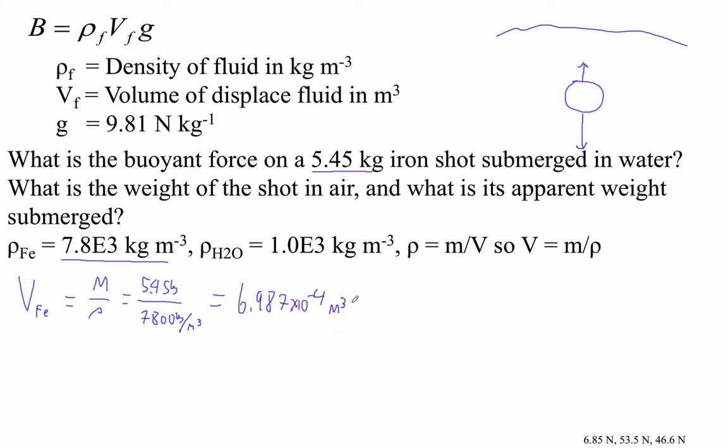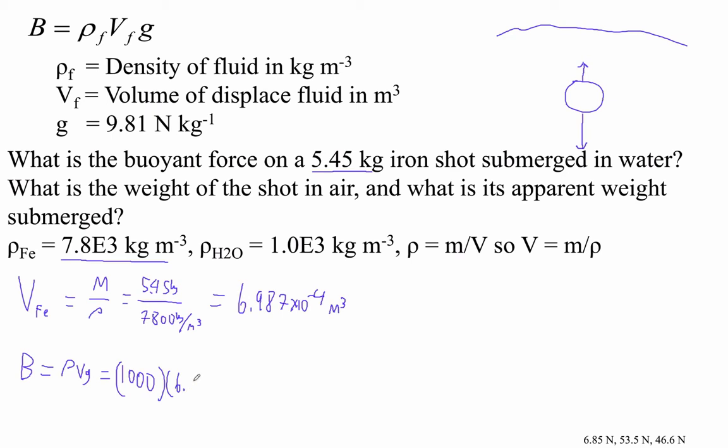Okay. And so let's see, what is the weight of the shot over here? What is the apparent weight submerged? Okay, so let's figure out the buoyant force. So the buoyant force is the density of the fluid, in this case water, right? So I'm going to do density of the fluid, volume of the fluid displaced, times g. So that's going to be 1,000 times the volume, which is this, right?